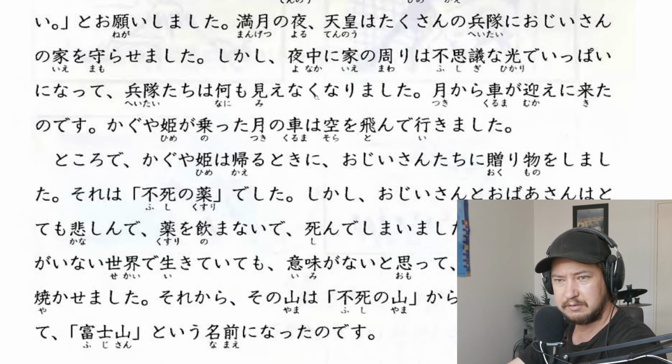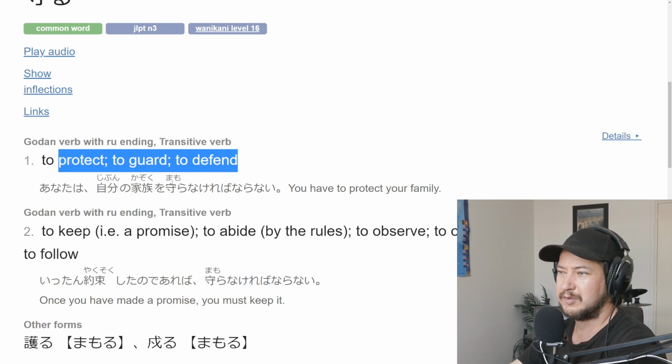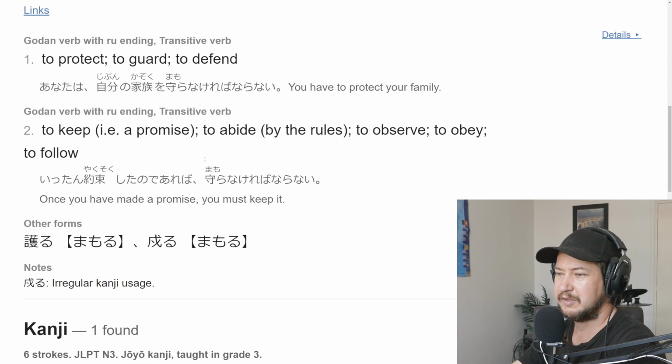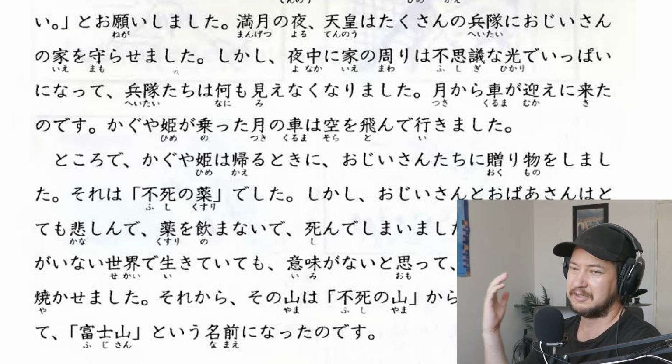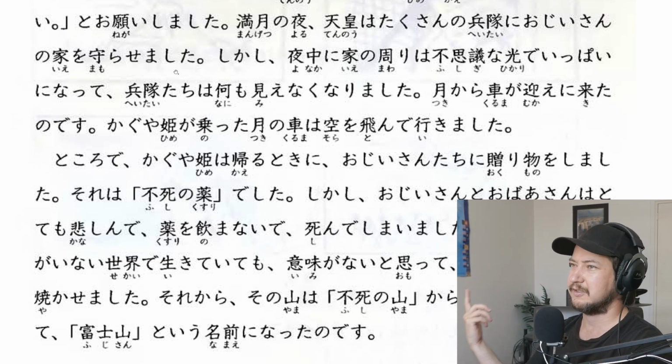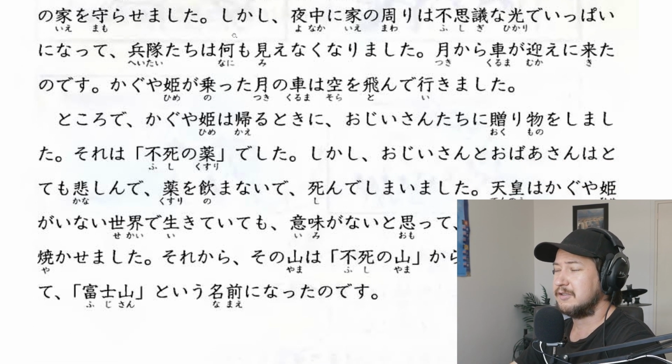And what did I say? Mamorasemashita. Sorry. Mamorasemashita. So it's to protect, to guard, to defend. But since it has that form, it means he asked them to go and protect. It has that nuance to it.